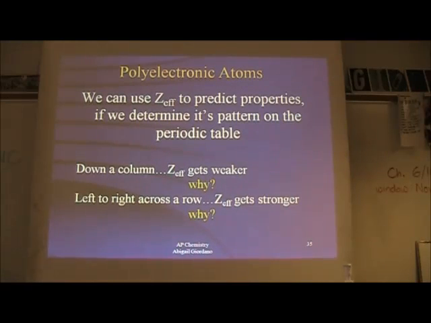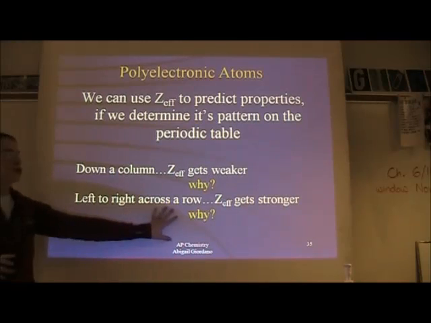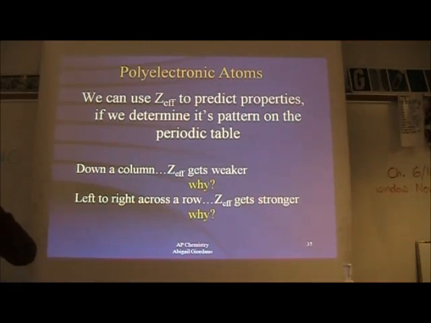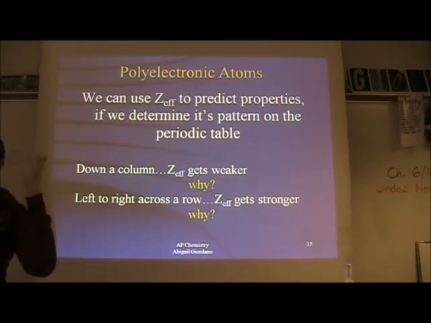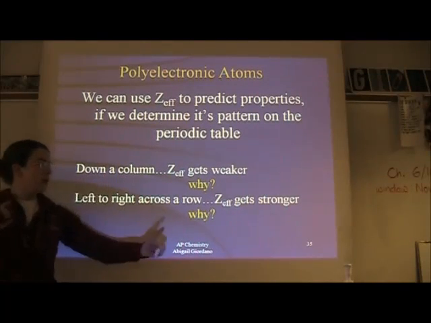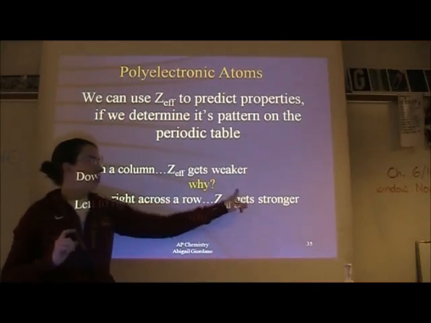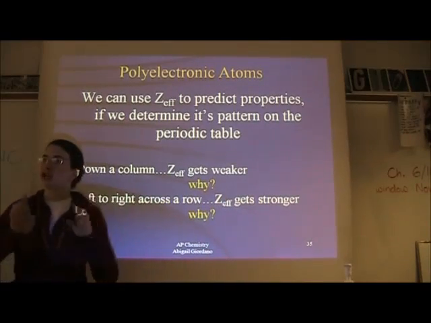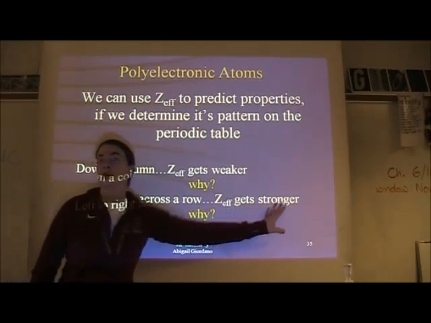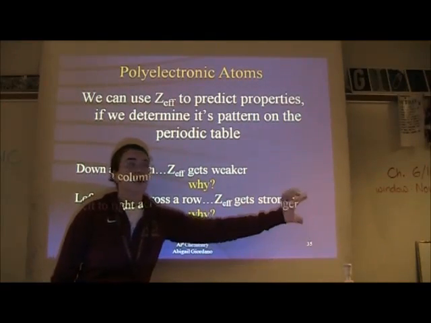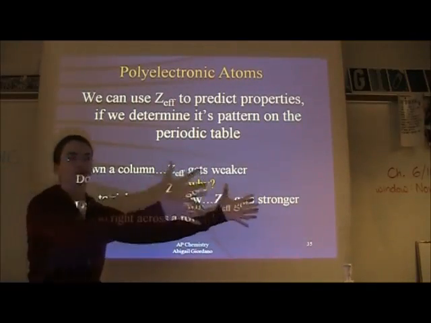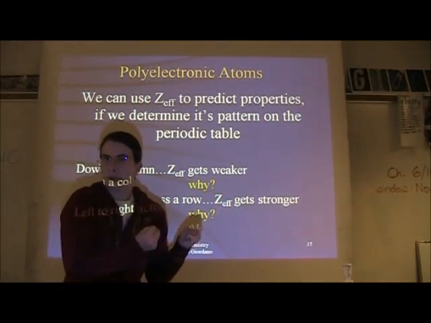As we move left to right, even though the valence electrons are on the same energy level, so the distance from the nucleus is not increasing, the pull from the nucleus is getting stronger on the right-hand side because an additional number of protons means a stronger effective nuclear charge, a stronger pull.